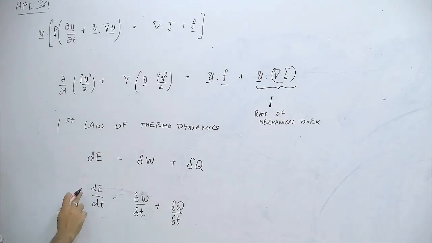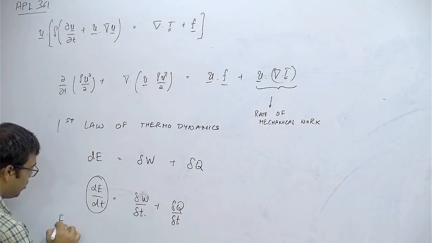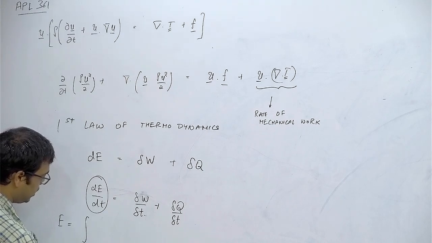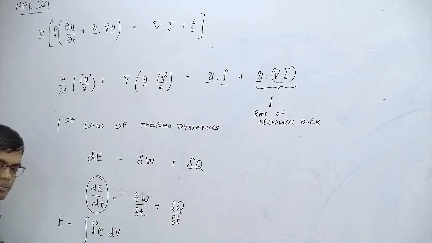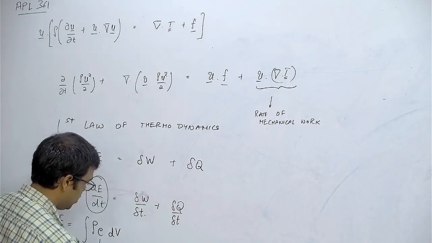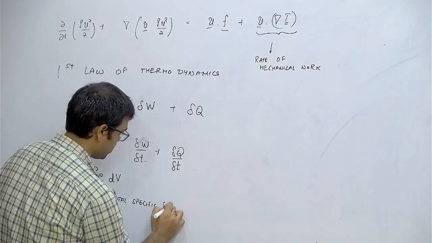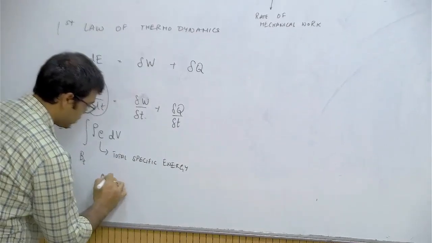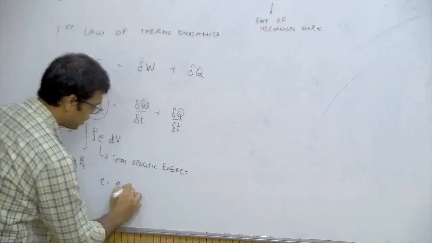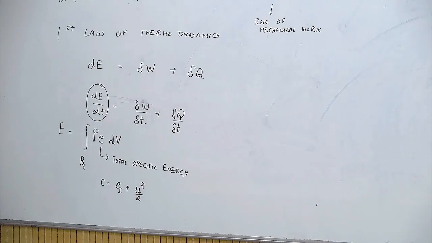Now we can start using the Reynolds transport theorem here. How? E is basically the integral over bt of rho times E times dV, where this E is the total specific energy, or the intensive quantity corresponding to your total energy, and this E is going to be equal to the internal energy plus the kinetic energy per unit mass.